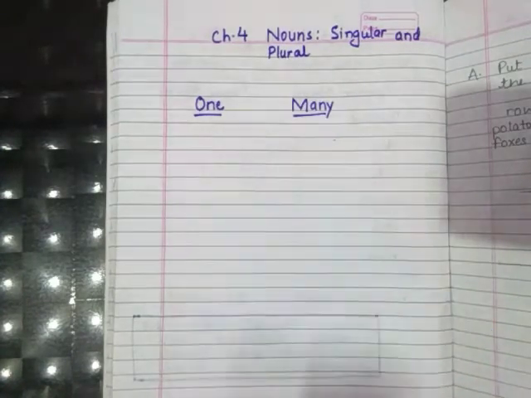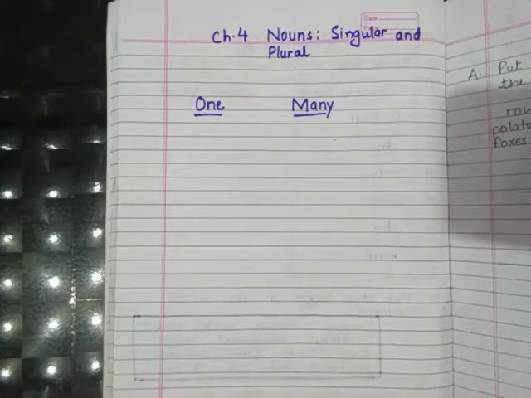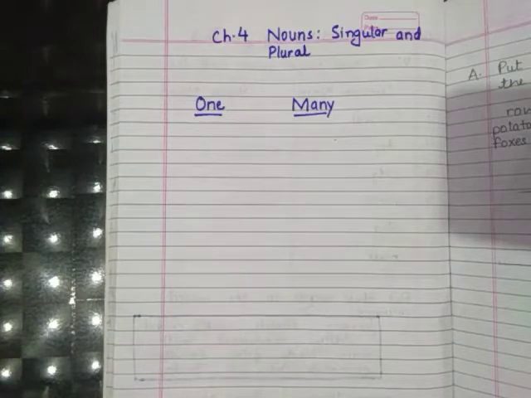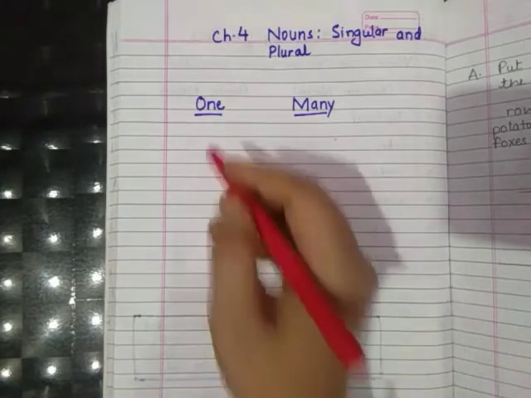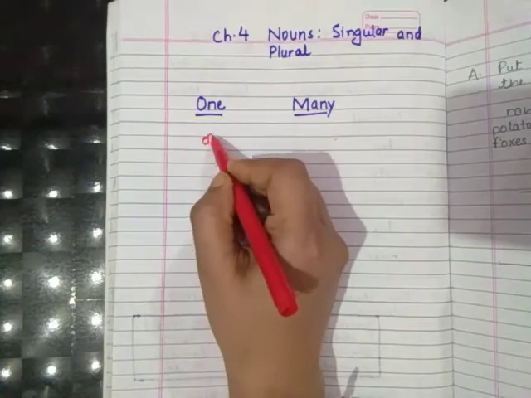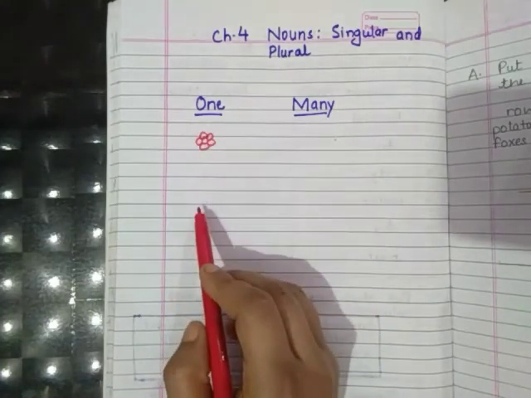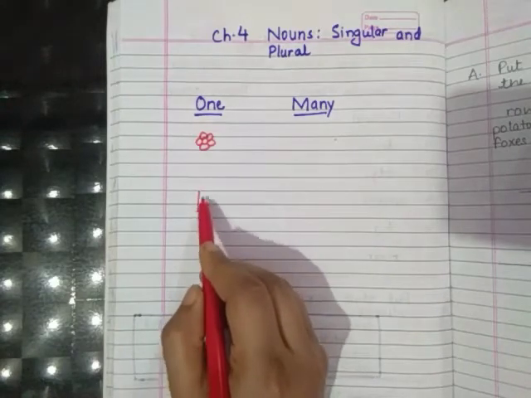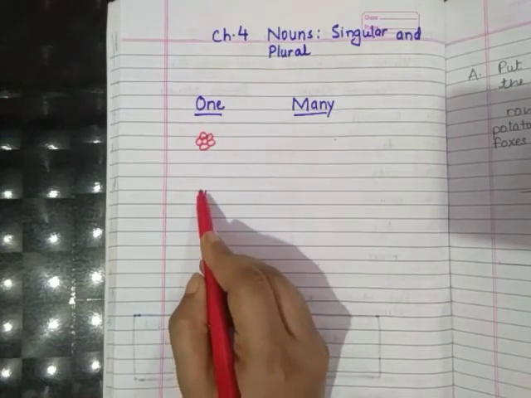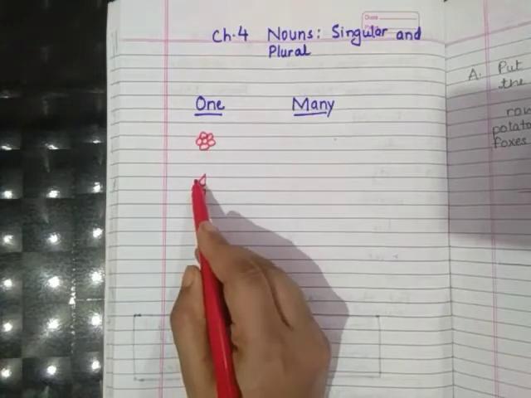Okay, so for the one and many columns, I am going to draw some pictures in the one and many columns. Like suppose I have drawn a flower in the one column. Now I have drawn a candle.